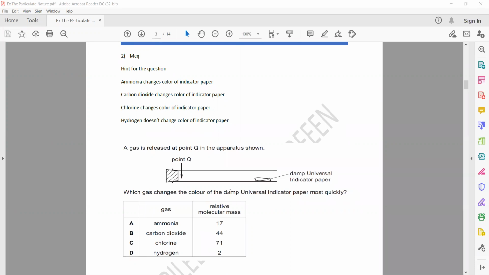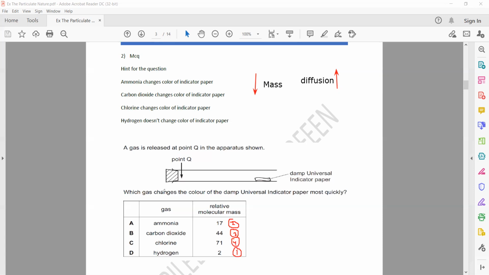The mass and the rate of diffusion are inversely proportional. So if the gas is lighter, it will diffuse at a faster rate. The least mass is for hydrogen, so hydrogen diffuses fastest, followed by ammonia, then carbon dioxide as the third one, and the fourth one will be chlorine.